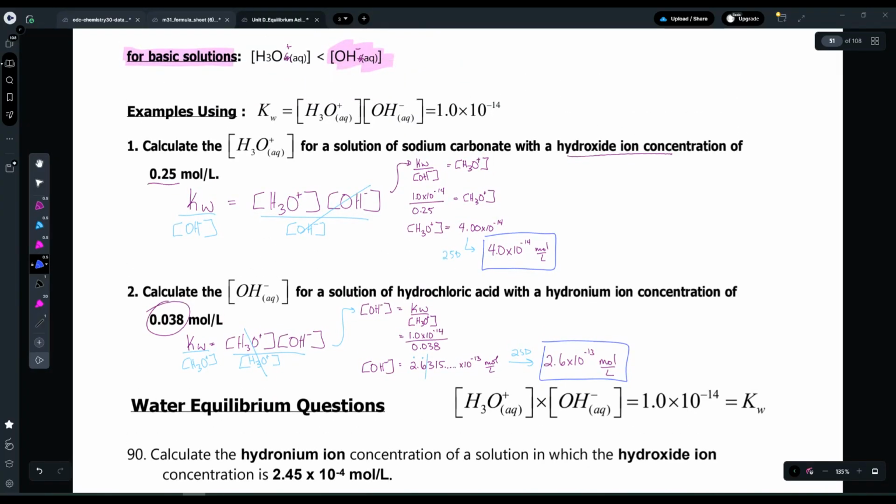So basically what this is saying is you can use the equilibrium law expression for water to find the concentration of hydronium if you have the concentration of hydroxide, or you can use the equilibrium law expression for the autoionization of water to find the concentration of hydroxide if you already have the concentration of hydronium.